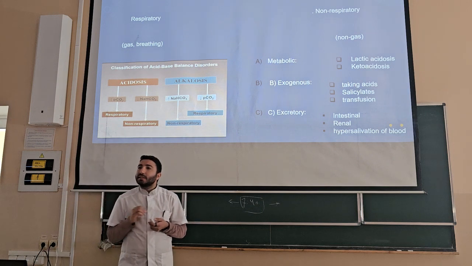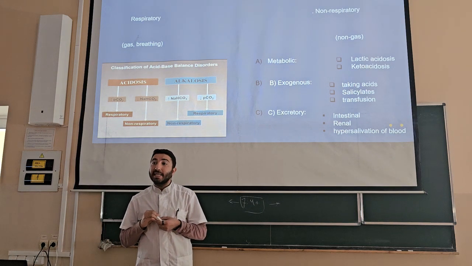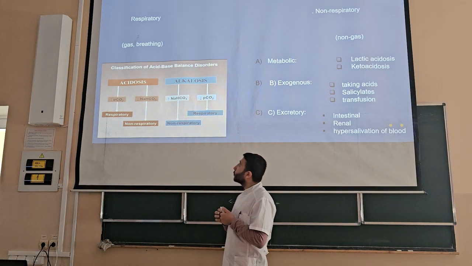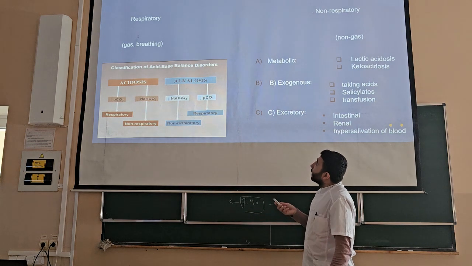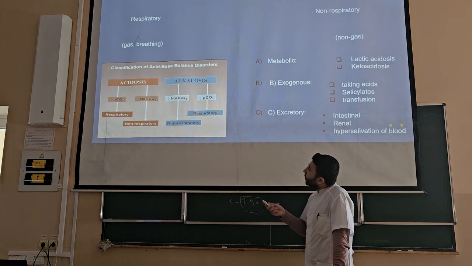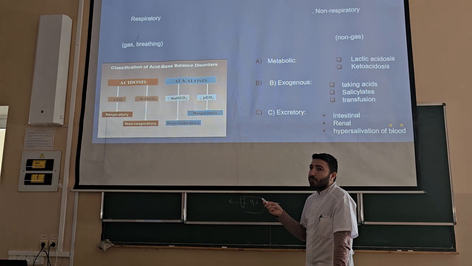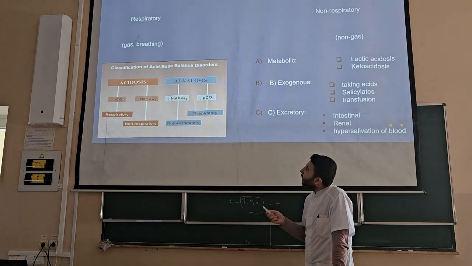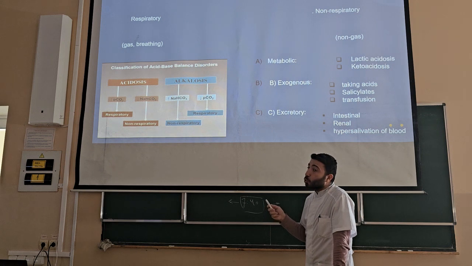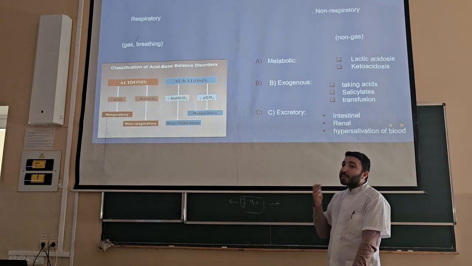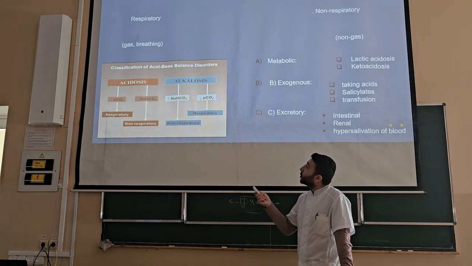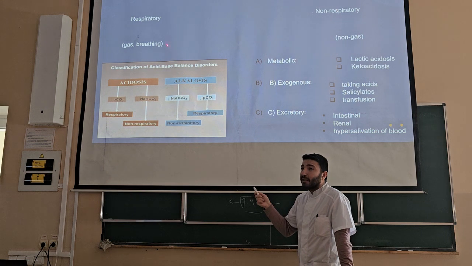Here there is another classification, which is very, very important to know. I can explain the classification more easily in this picture. Here we have the acidosis in two types: respiratory and non-respiratory. From the respiratory classification, we have gas and breathing.